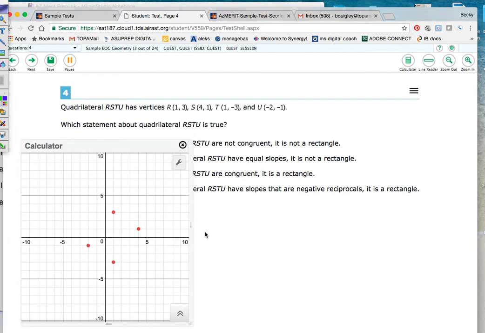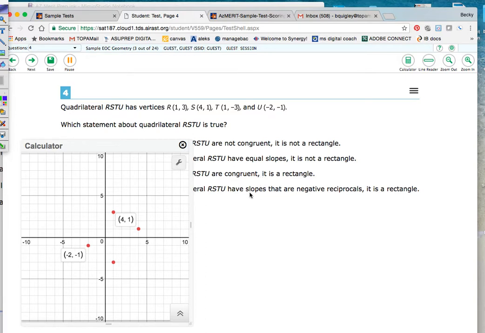There's more than just that to prove that something's a rectangle, but let's look. 1, 2, 3, 4, 5, 6 is the length of that diagonal. And then we would need to use the distance formula to find the length of that, or we could use the Pythagorean theorem. So 1, 2, 3, 4, 5, 6. So 6 squared plus 2 squared, so 36 plus 4 is 40. So the square root of 40 is not 6, so we know that one's not true.